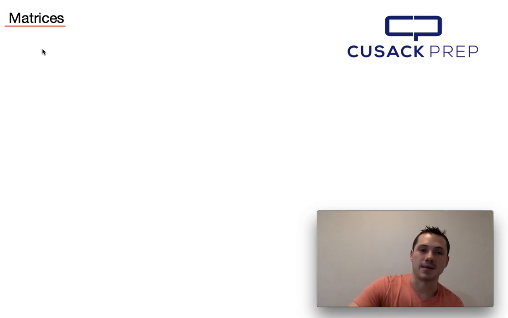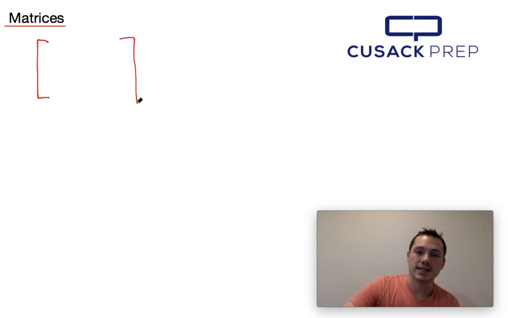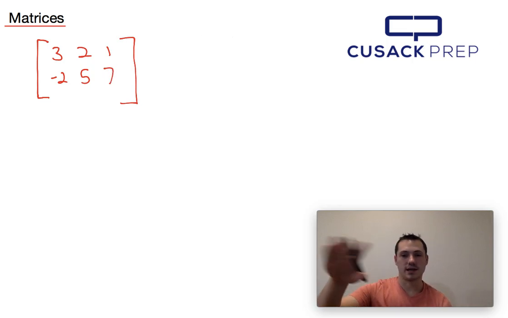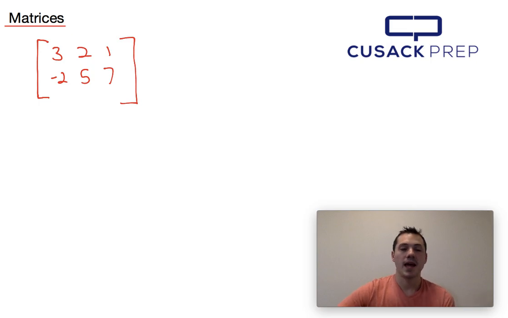A matrix is usually denoted in brackets, and it might look something like this. Essentially it's just a number of different values placed in a very ordered line. This matrix right here has two rows and three columns.